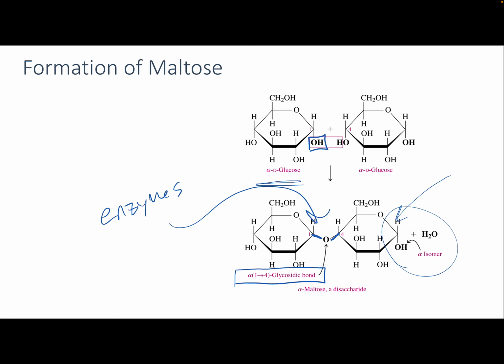So what you need to know are the sugars involved in making the disaccharide and the bond that would be part of that disaccharide, as well as if you were to be drawing a disaccharide. And here, think about this.